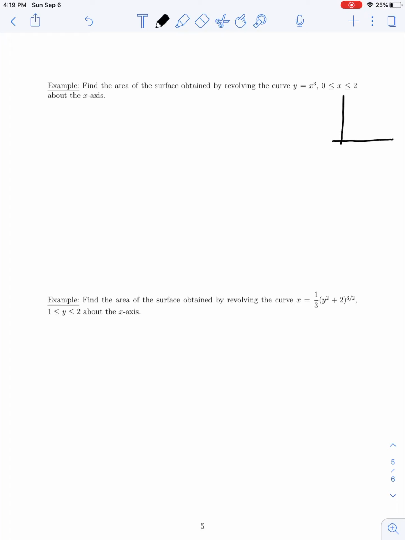So we're looking at the graph of y equals x cubed from x equals 0 up to x equals 2. So when x is 0, y, which is x cubed, would be 0. And when x is 2, y, which would be x cubed, is 8. So not drawn to scale here.